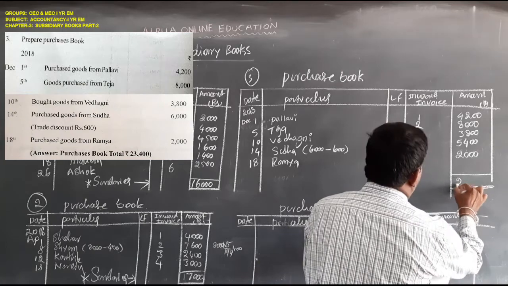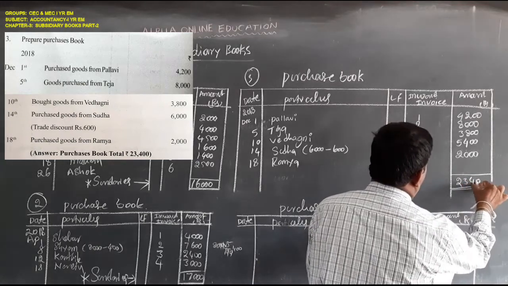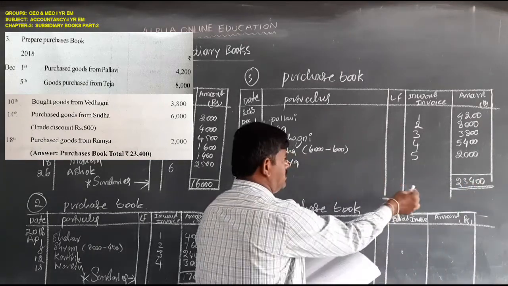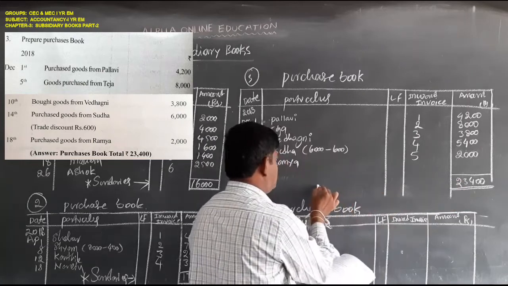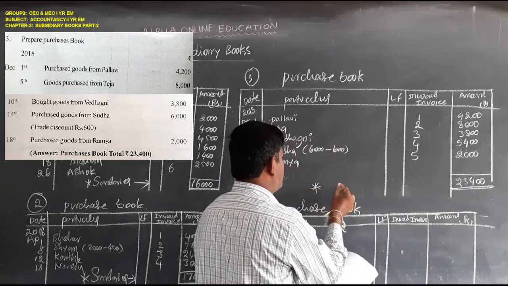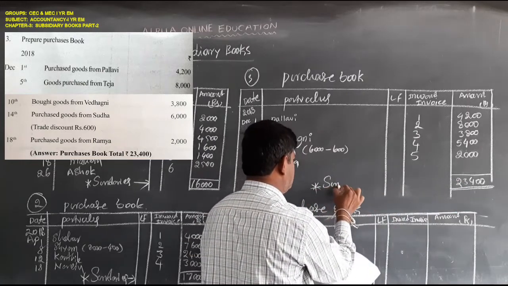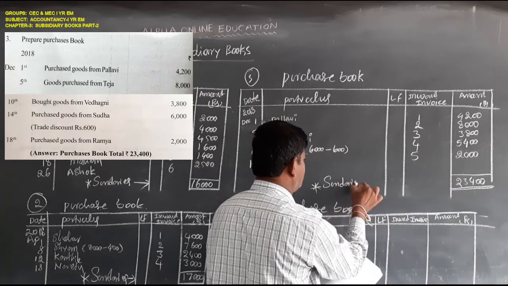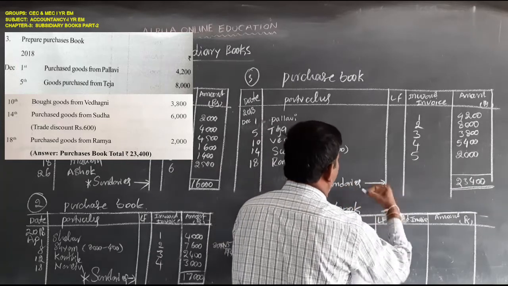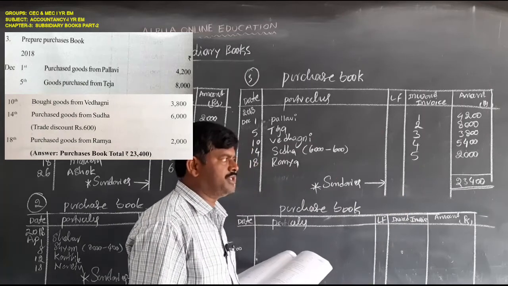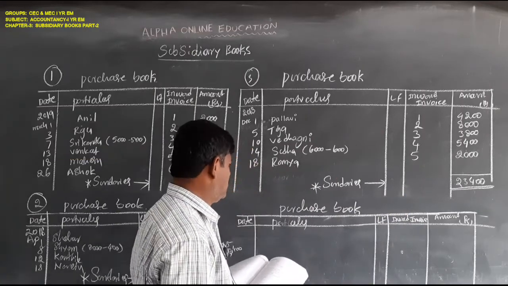So 23,400 rupees. And opposite this you have to write sundries. Sundries is nothing but total, and the total purchase is 23,400 rupees.